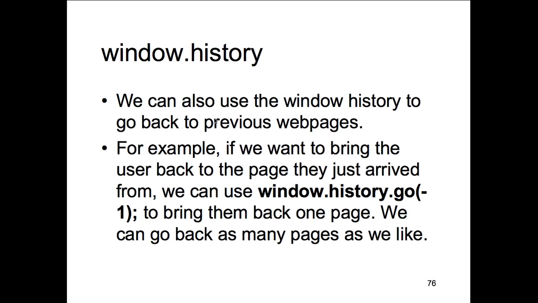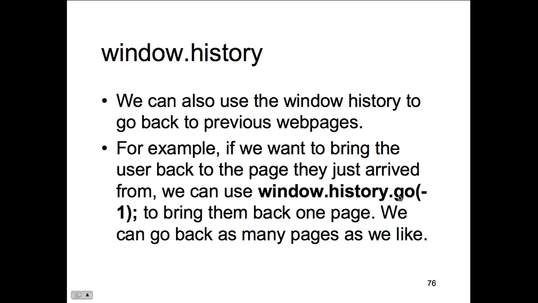So location just changes where you're pointed to. History is going to be used. Window history is going to go back to the previous web pages. History is kept in a cache, and so you can go back, forward, and for navigation. So you can keep track of the histories. For example, if you want to bring the user back to the page that you just arrived to, you can use the window.history.go -1.